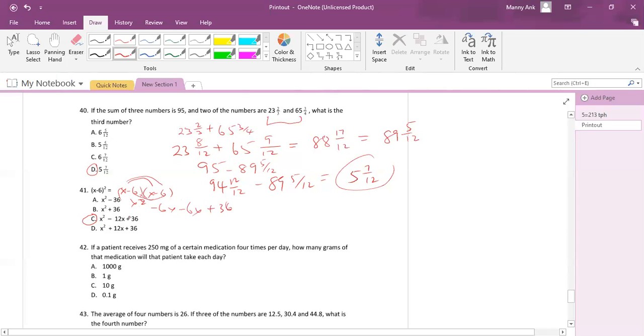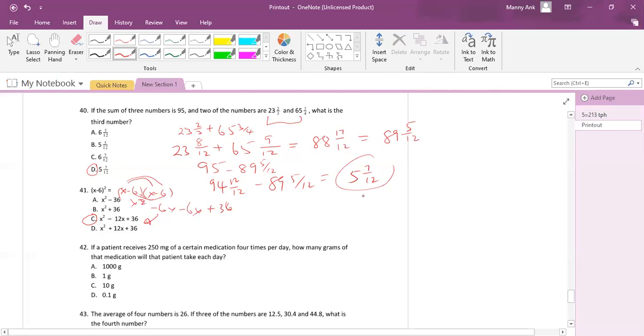If you add this, you end up with the answer here. So don't be caught in the trap where people just square the x and square the 6. No, you really have to multiply it by itself like this.